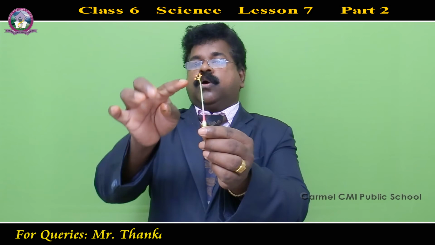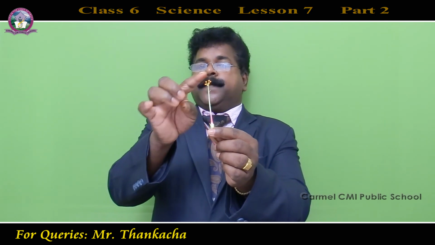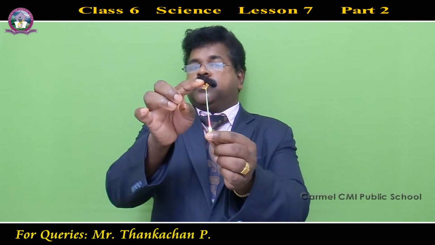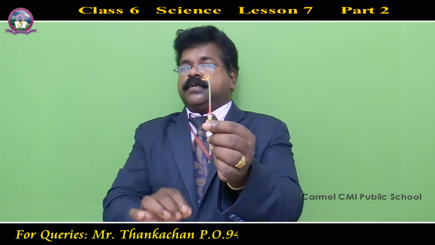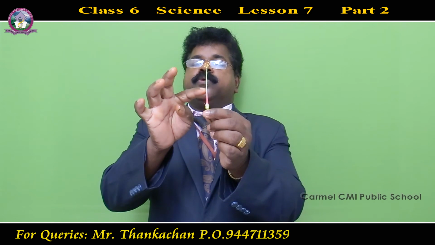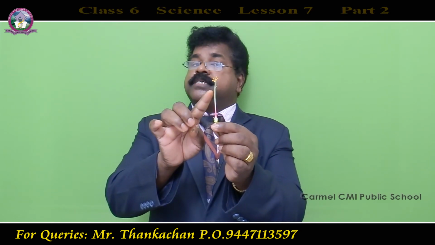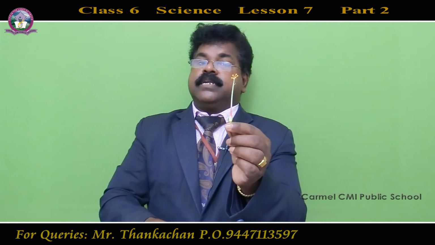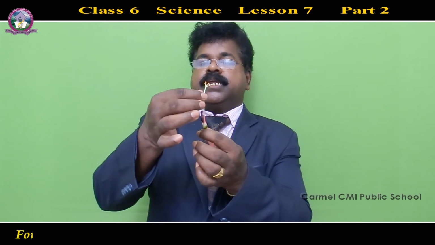And if you see on the top, you can find small dot-like structures. Can you see it? It is called a stigma. And followed by that there is a tubular portion, and this tubular portion is known as style. It is tubular and cylindrical.